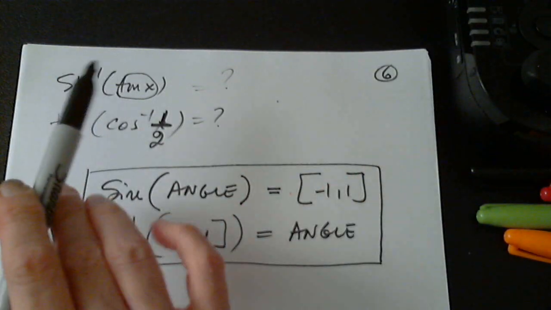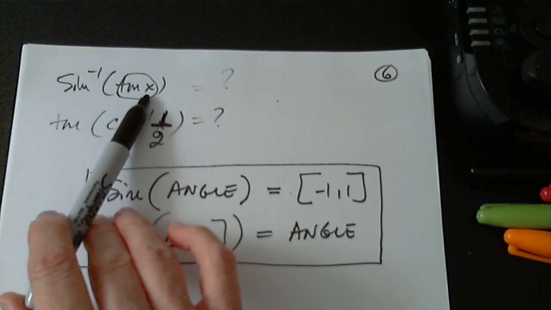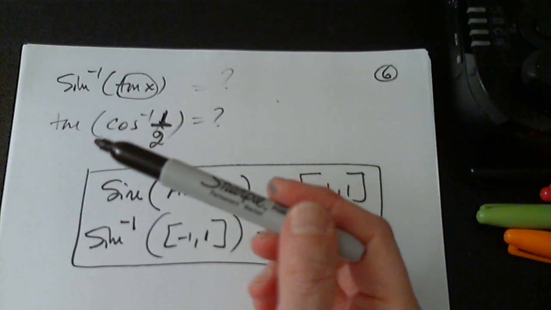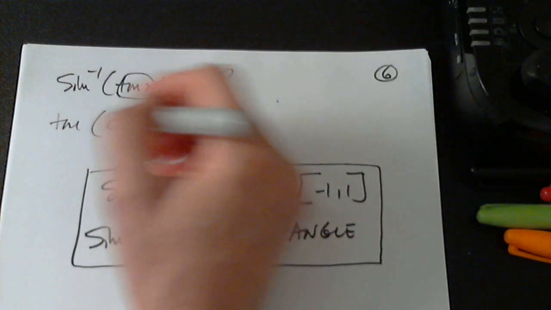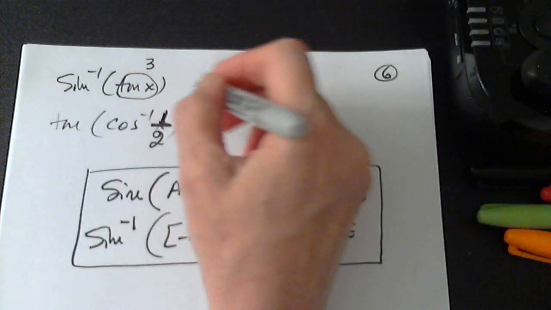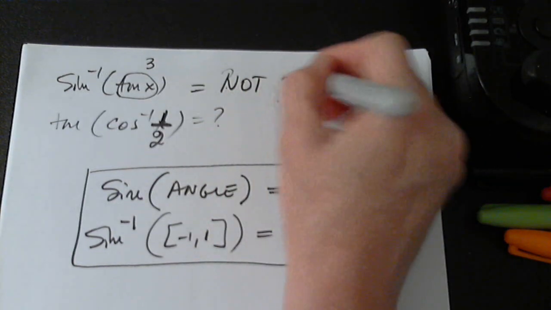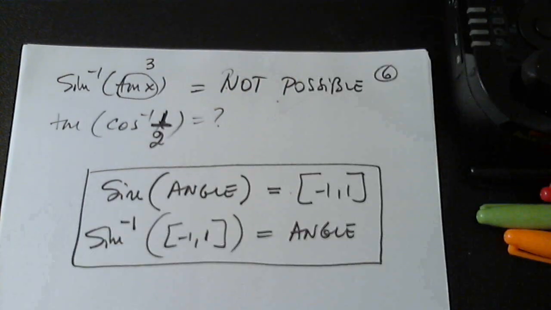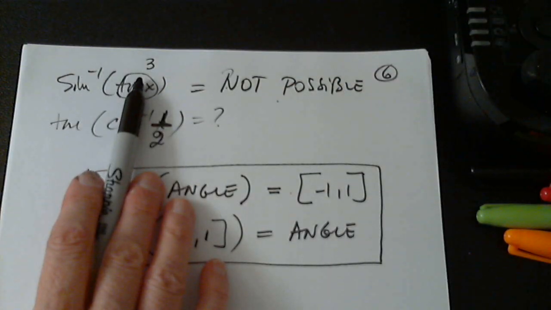So here we have tangent of an angle, and we will get a number. Then we can apply sine inverse to a number as long as the number is between -1 and 1. Because if this number gives us a 3, so let's say tangent x is 3, then I will have to write not possible, because there is no angle whose sine is 3. We know that.